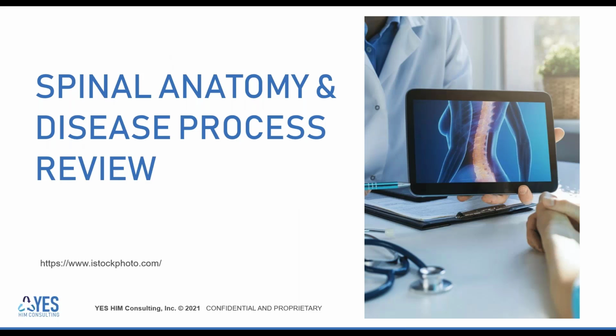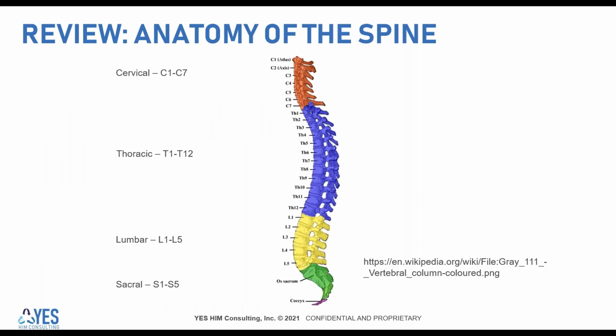We're going to talk about the spinal anatomy and the disease processes first, and we're going to start with the very basics, the anatomy of the spine. As you can see here, the spine is divided into 5 different sections.